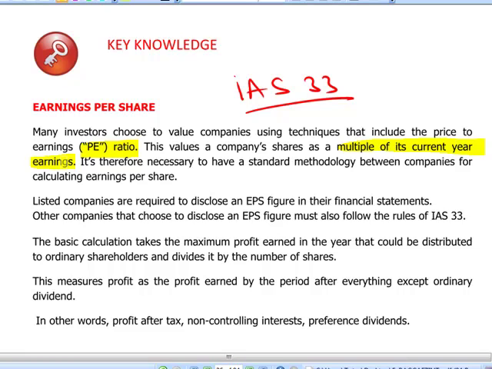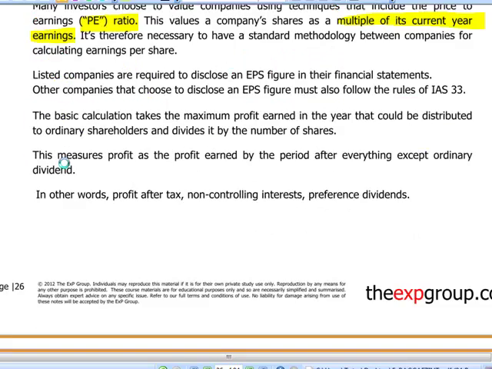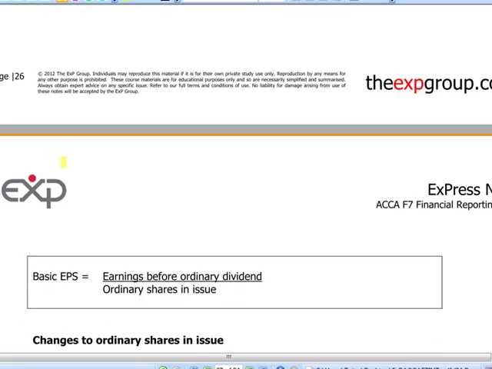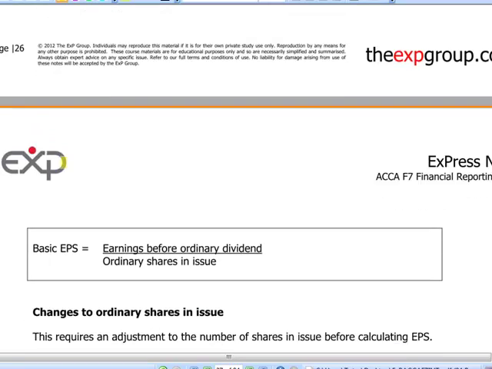Since they are doing this, at least for the quoted companies, we should have the same methodology applied by all quoted companies, irrespective of where they operate or what their activity is. So the basic calculation for earnings per share will divide the earnings before the ordinary dividend over the ordinary shares in issue.